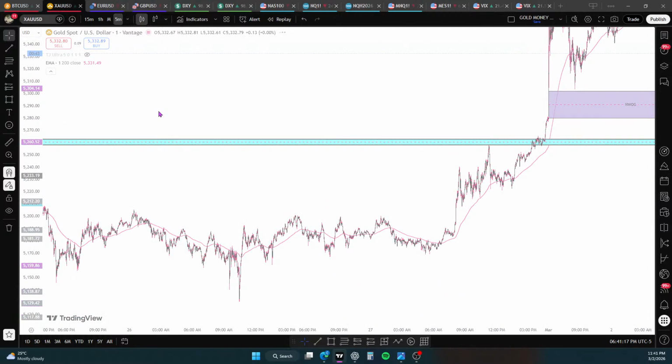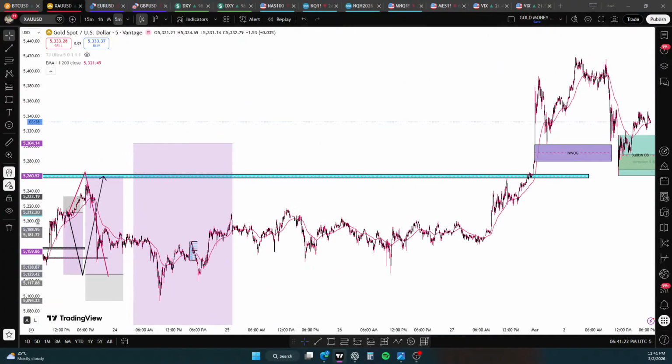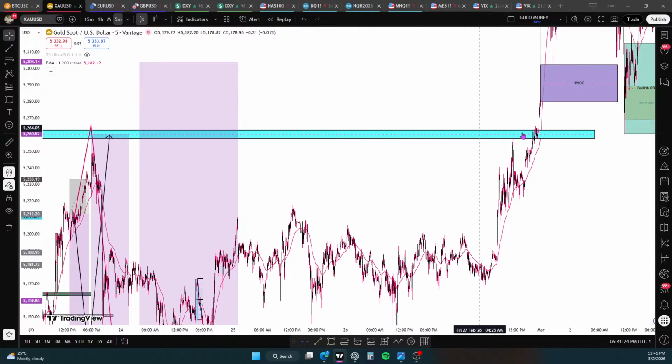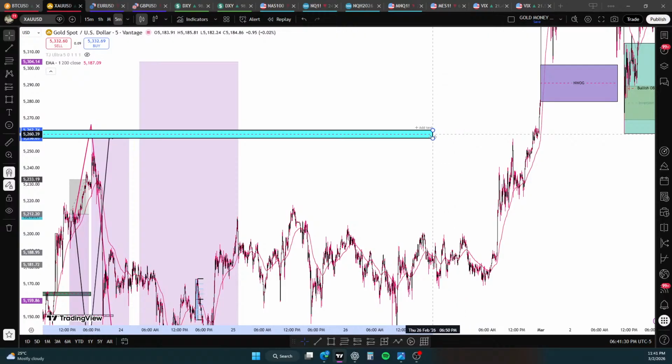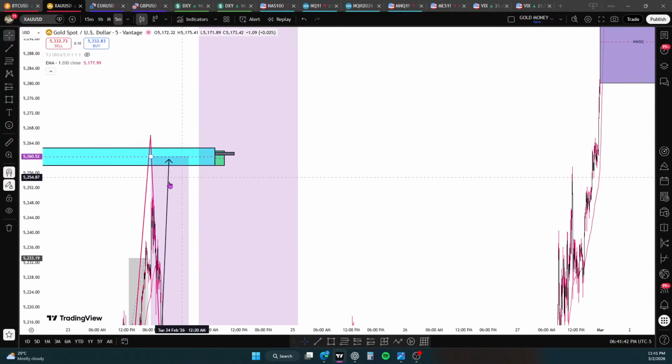What I wanted to refer to earlier is this blue bar, which is the first presented fair value gap of the equities open time framework that ICT uses, and this perfectly overlaps with these, which were also printed on the same day.